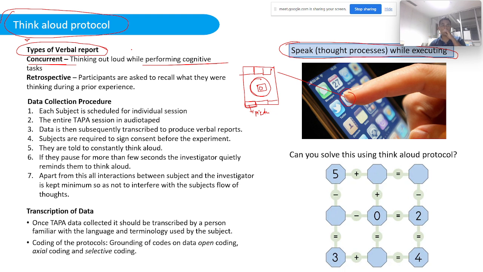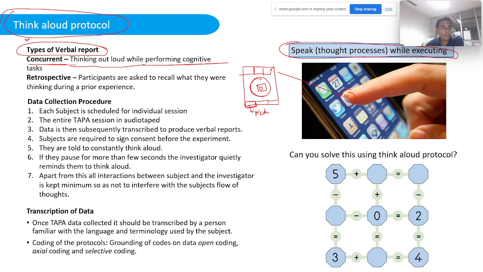So in those cases we use think aloud protocol. Concurrent reporting is when a user gives information in real time while performing a particular activity.